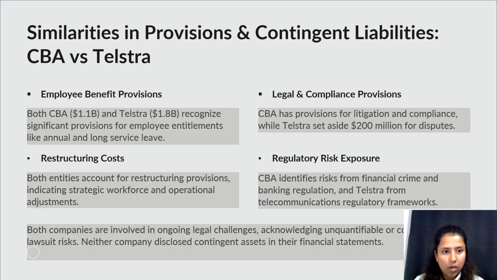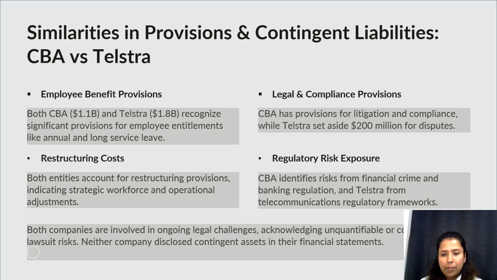The next slide talks about the similarities in the provisions and contingent liabilities for both the companies. So both the companies have employee benefit provisions, which is 1.1 billion for Commonwealth Bank, and Telstra has 1.8 billion recognized as significant provisions for employee entitlement, like the annual or the long service leave.